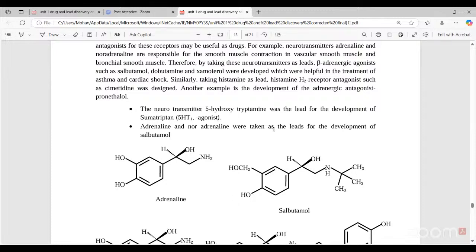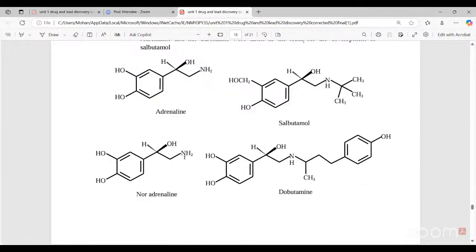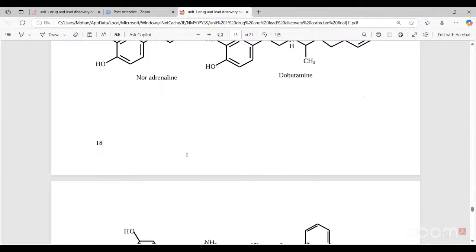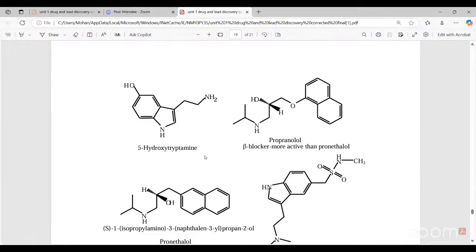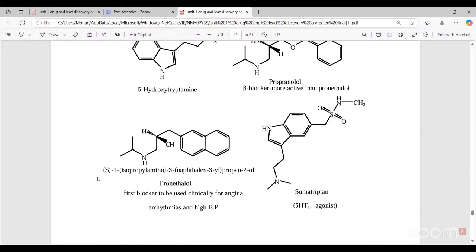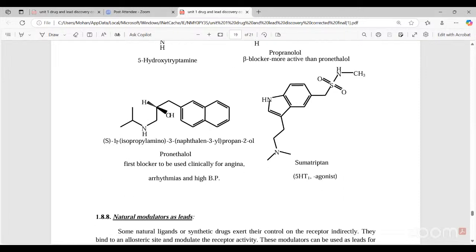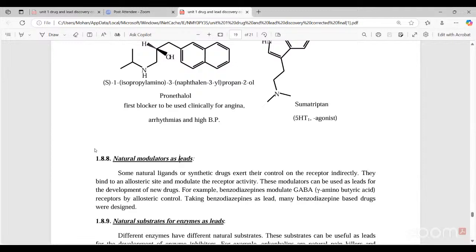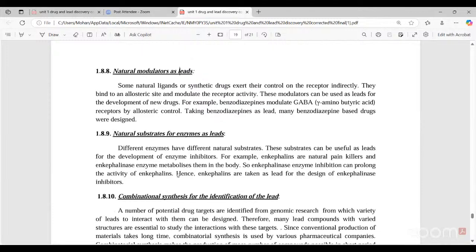Adrenaline and noradrenaline were taken as the leads for the development of salbutamol. There are some modulators, leads, and natural substance leads.